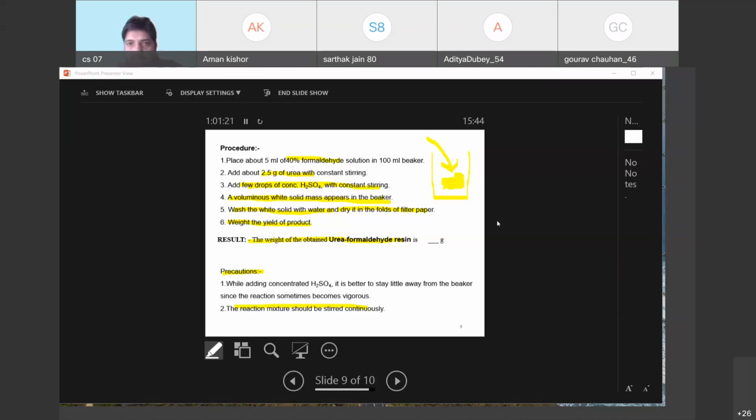Then Namit 48. Praneet 53. Priyanka Shah 79. Then Rahul Kanwar 68. Then Raj Jaiswal 59. Sarthak Jain 80.